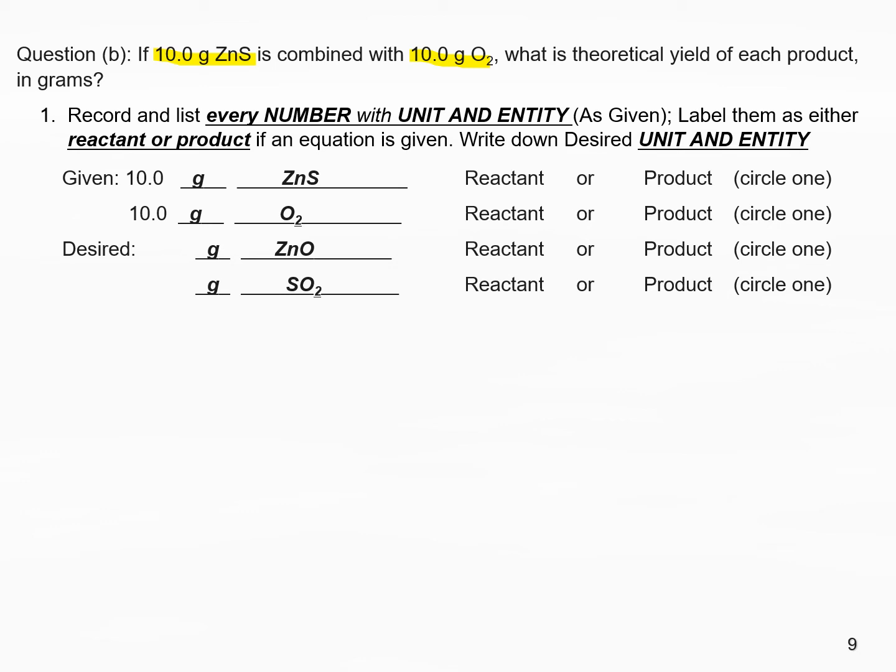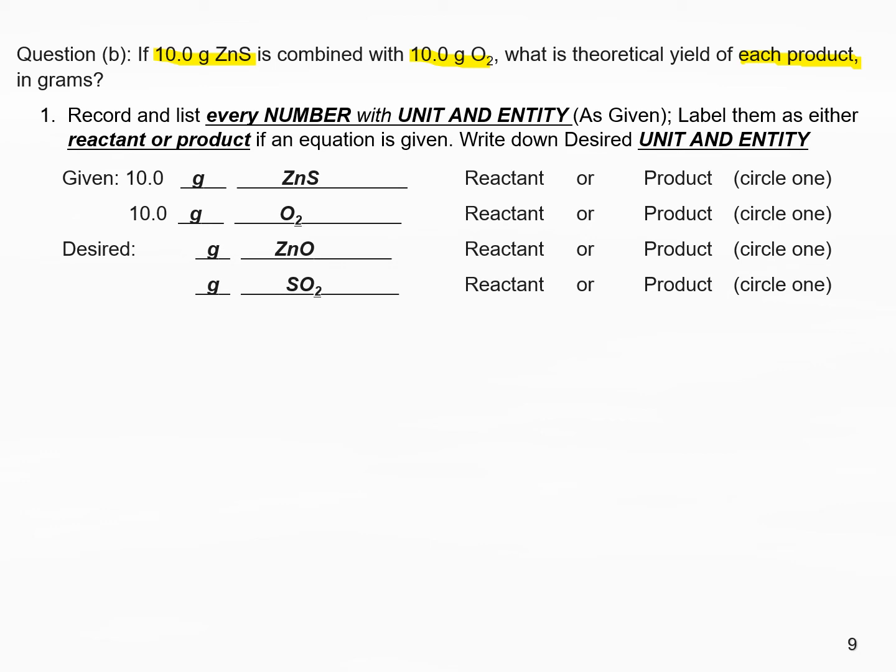Let's get to the desired unit and entity. Remember, the question says the theoretical yield of each product in grams. So the question wants us to get the grams of zinc oxide and grams of sulfur dioxide. Now, let's highlight and label these 4 substances.